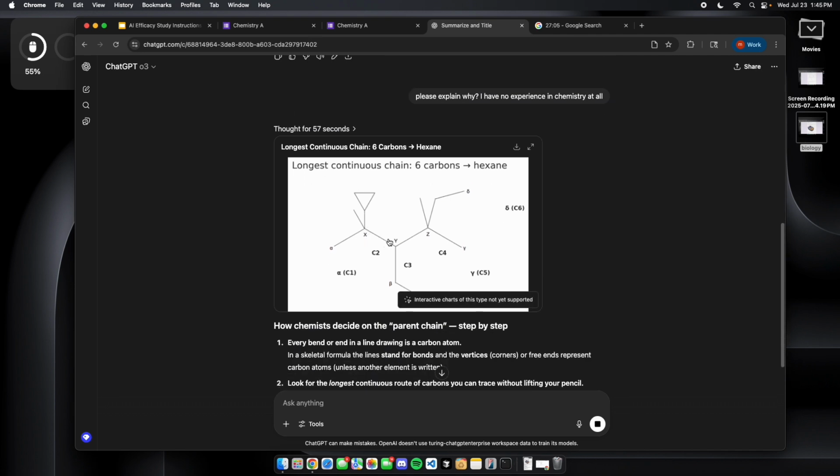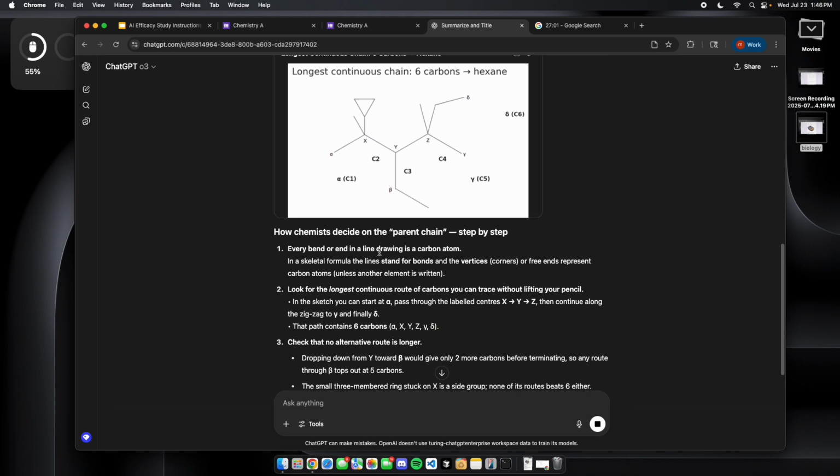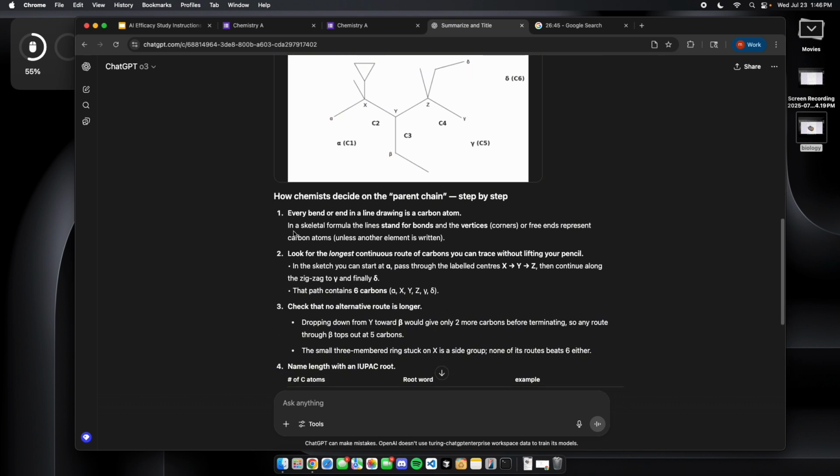Okay. It seems like it made this little chart here. That's pretty helpful. I don't exactly know what these C1 through C6 is, but I feel like someone that knows more about chemistry could probably use that.